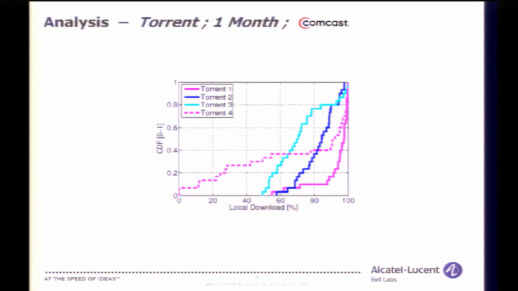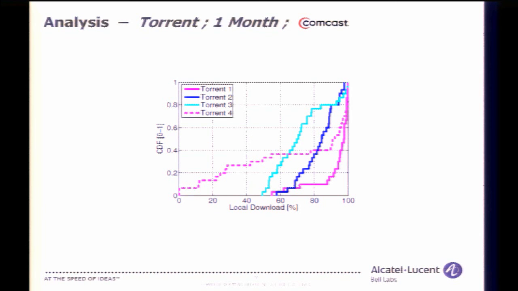The second experiment is now trying to understand the impact of torrent popularity on the localization benefits, so on the fraction of traffic that stays local. We pick four torrents, again in a single ISP, Comcast. We have the most popular torrent in Comcast, and then the 75th percentile, 50th percentile, and 25th percentile, so we go from the most popular one to the least popular.